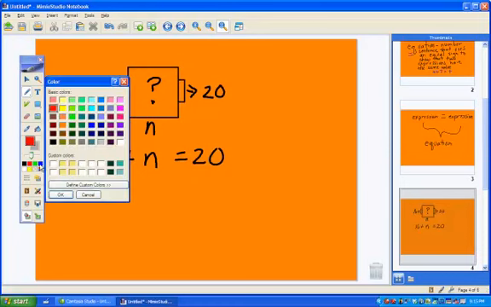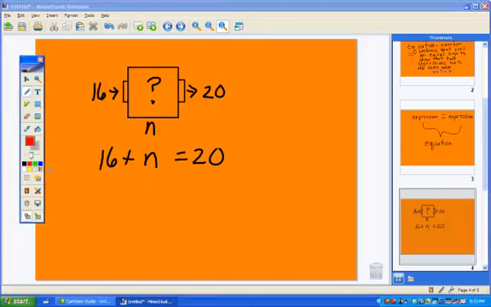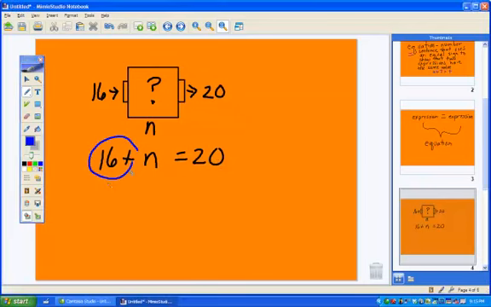To solve this equation, I want to try to get all the numbers away from this side and give it to where the unknown is going to be by itself. So here I was adding 16. I'm going to subtract 16, and it's going to get rid of it over here, so that all I'm left with is an n on that side. Whatever I did to this side of the equation, because equations need to be equal, I have to do to this side.